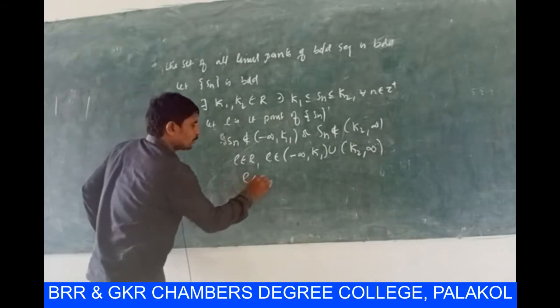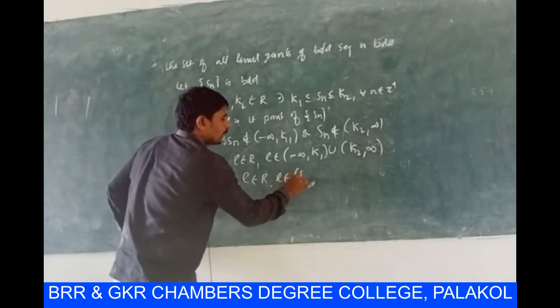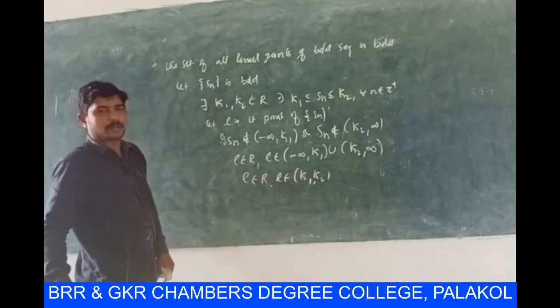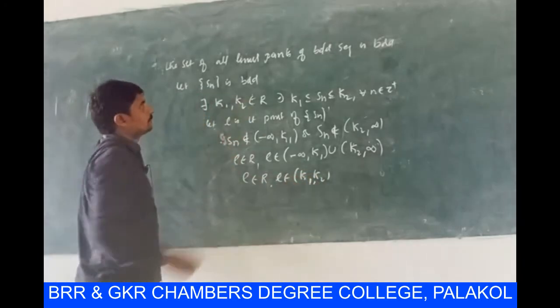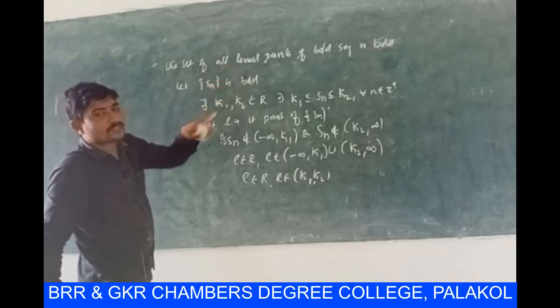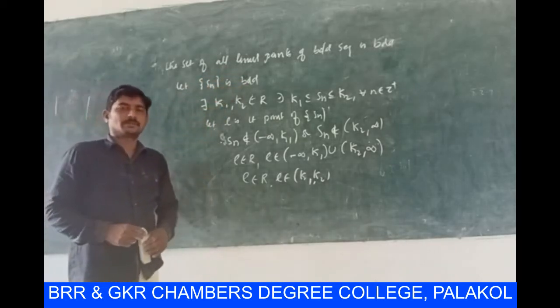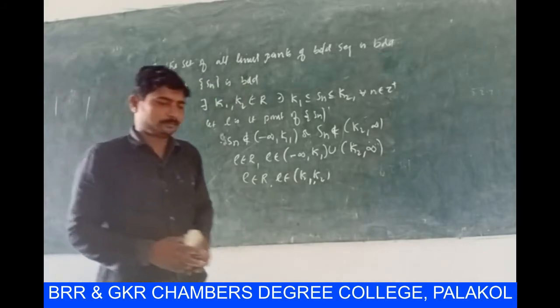Means L belongs to R and L belongs to k1 comma k2. This L belongs to k1 comma k2 means the set of all limit points of the sequence is bounded. So this is a theorem. Like that, some other theorems we will discuss again.